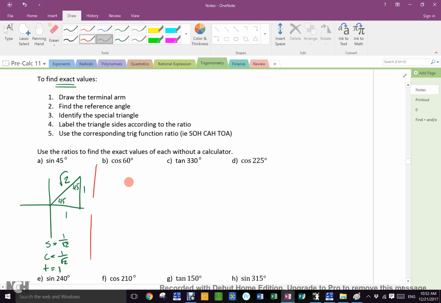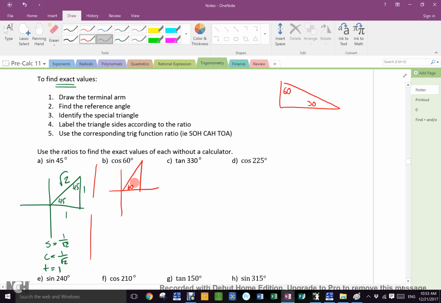60, 30, 60, 90 causes trouble. So 60. Now, remember, this is the triangle with which we are working, yes? 30 is down here, 60 is there. What do I have to do to this triangle to put it over here and work with cos 60? I got to turn it, don't I? It's going to end up going up like this, yes?